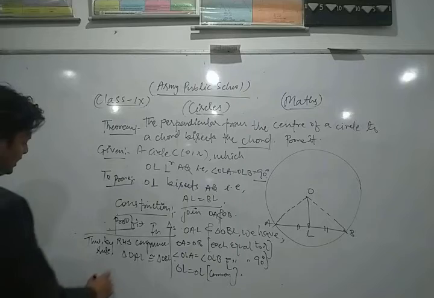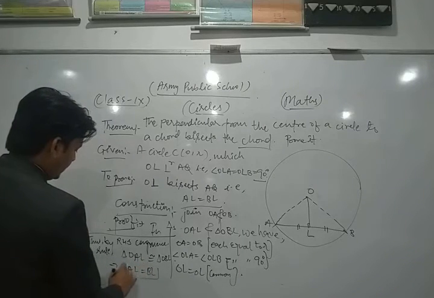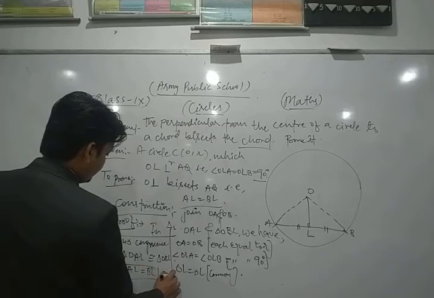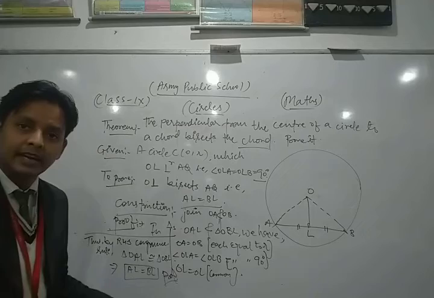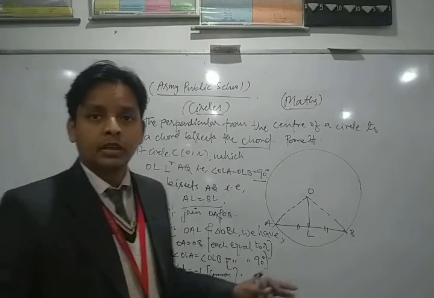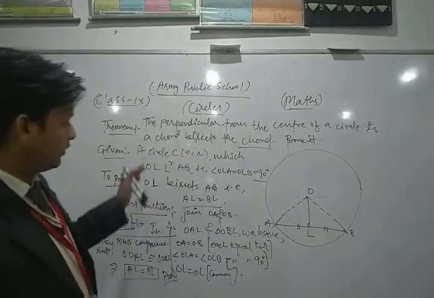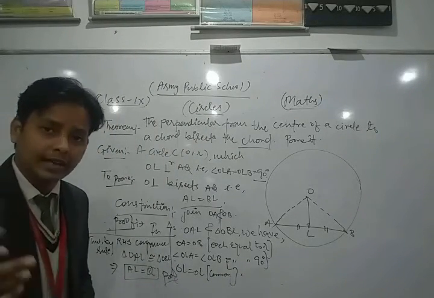Thus by CPCT we get AL is equal to BL. Hence proved. In this way, we can say that the perpendicular drawn from the center of the circle to the chord bisects the chord. This is a very important result, and there are so many important questions in your NCERT exercise based on these topics.